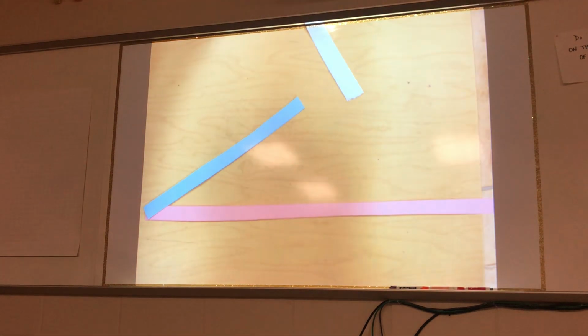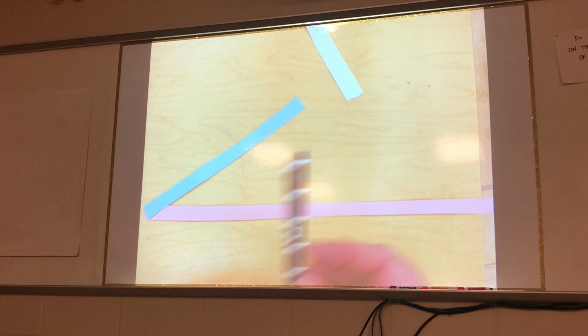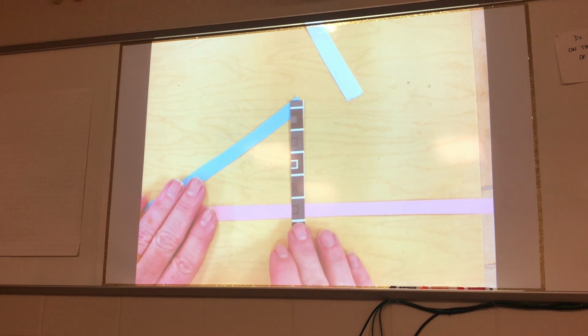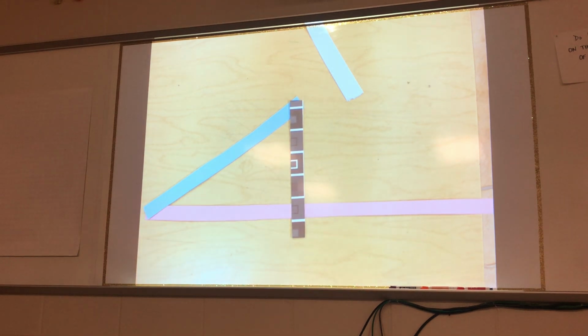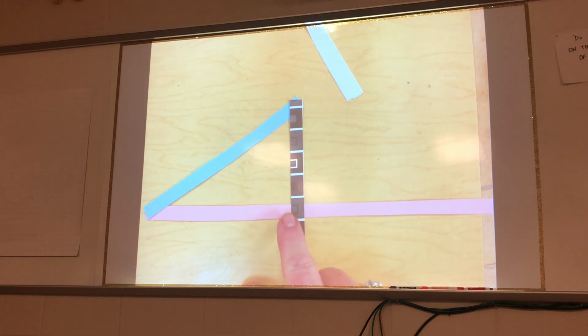Now, this little black piece of paper we're just using for a reference. He is not part of my triangle, but what is he measuring of my triangle? Its height. That's exactly right. You're going to put it from this angle up here straight down, perpendicular to the base.